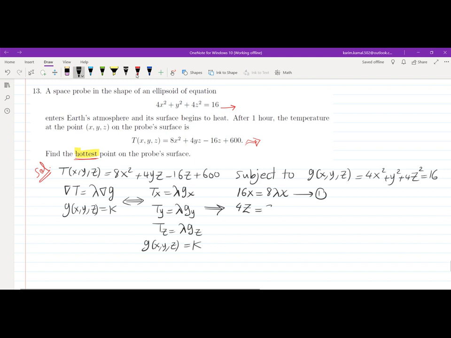And then the third one, it will be 4y minus 16 equals 8 lambda z. We call it equation number 3. This happens according to the condition, which is 4x squared plus y squared plus 4z squared equals 16, and we can call it equation number 4.